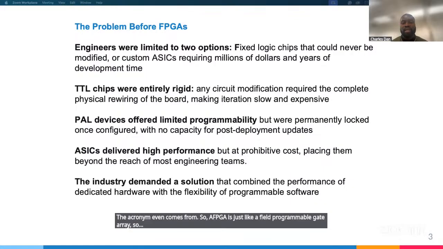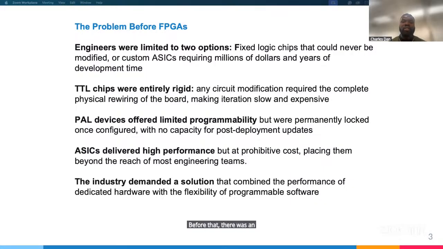Before that, there was an issue. If I say issue, it doesn't mean there was a problem that needed to be solved. Engineers had two options, and neither of these options was great. The first option was a fixed-function TTL chip, which was totally rigid.